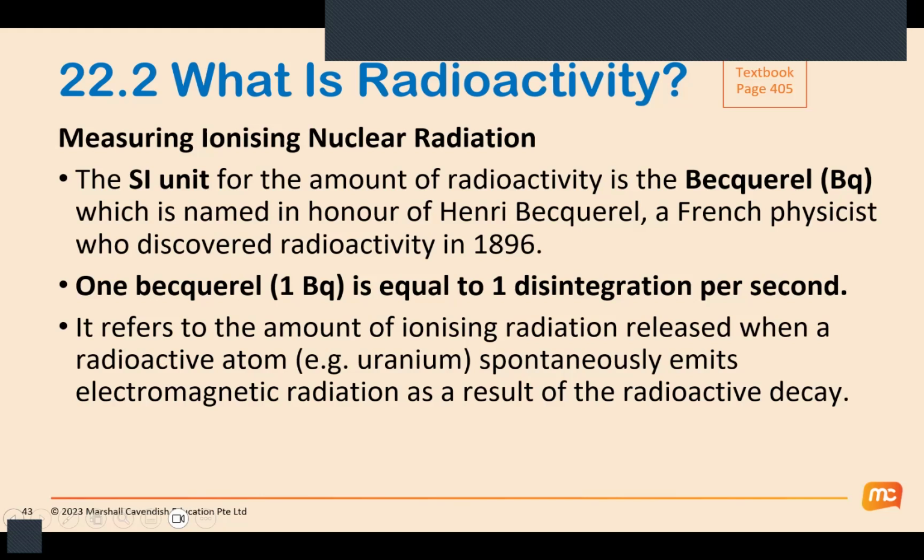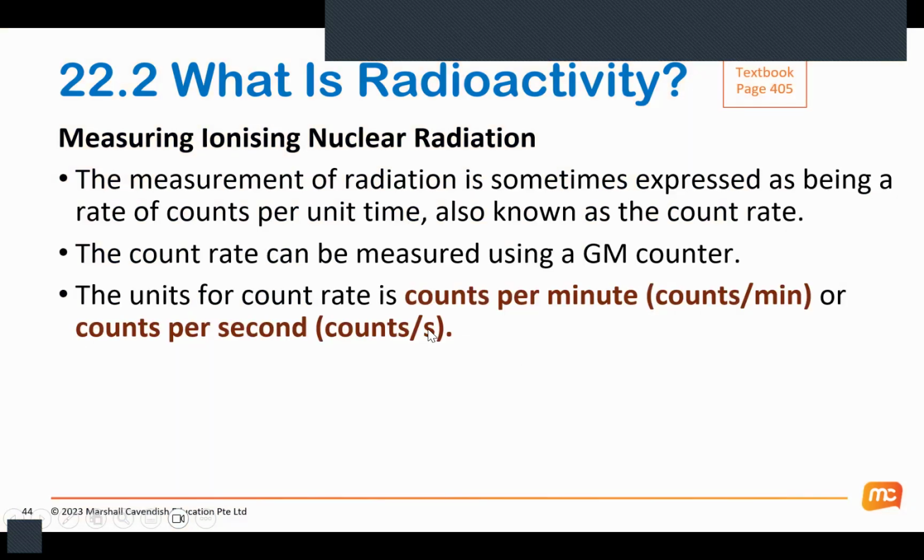Instead, we commonly use counts per minute or counts per second. So if there is a radioactive substance present, or alpha particles, beta particles, gamma rays are being emitted, we measure how many counts there are per minute or per second.